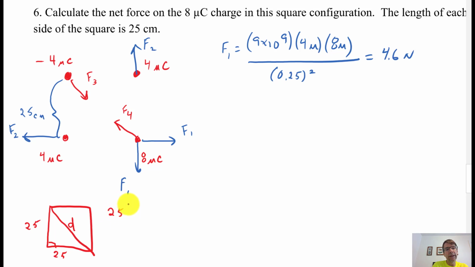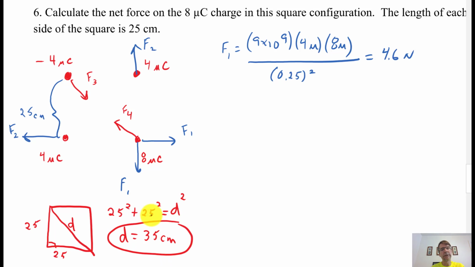However you do that, Pythagorean theorem is the most common thing. If you do the math here, it comes out to be 35 centimeters. And once again, the shortcut is it's a 45, 45, 90 triangle, so you take 25 times the square root of 2. You got to get that distance from the upper left corner to the bottom right corner.